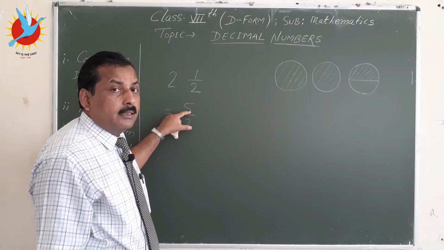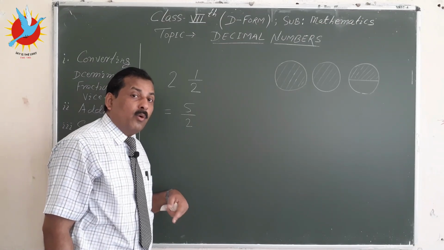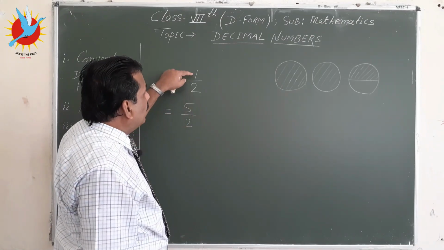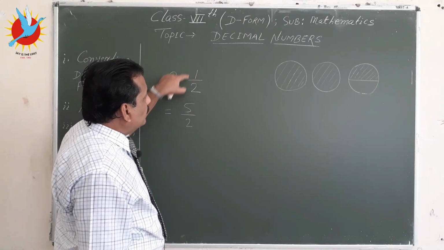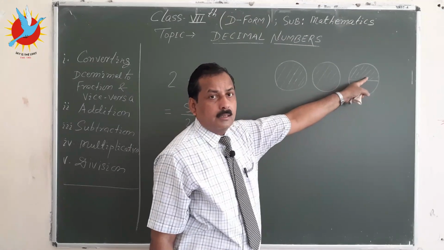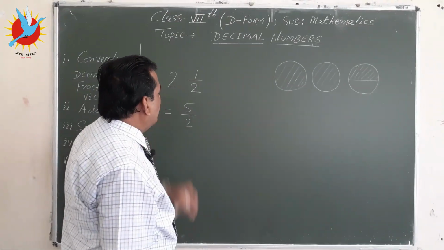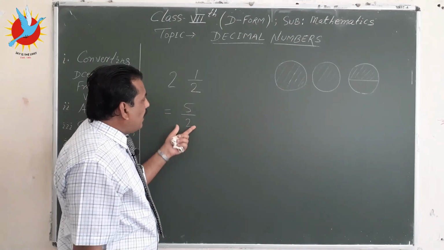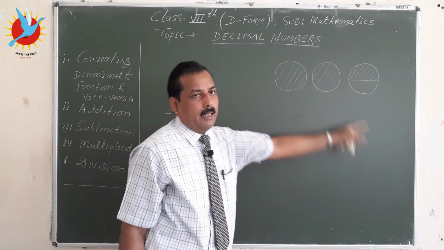If the numerator is greater than the denominator, this means the number is more than 1. Here the numerator is less than the denominator, so this part is less than 1. See here, this is less than 1 cake, and this is 2 whole numbers. So this 5 by 2 is the fractional form for this.